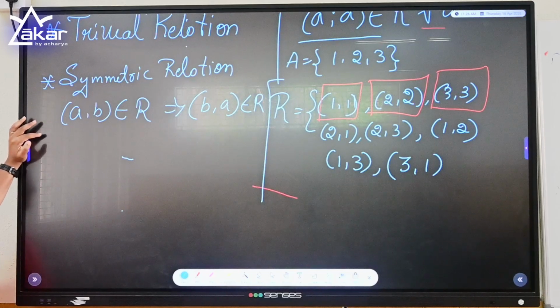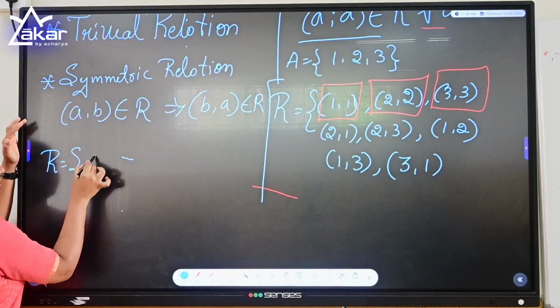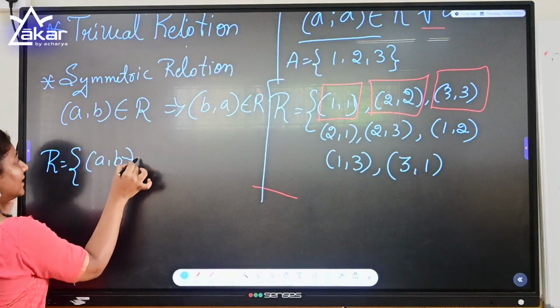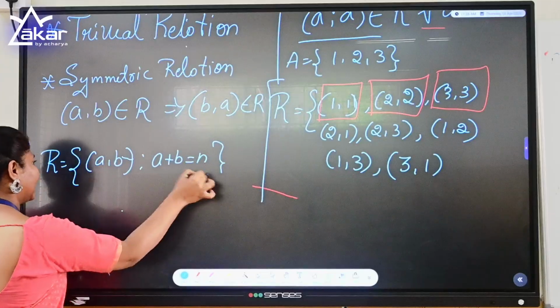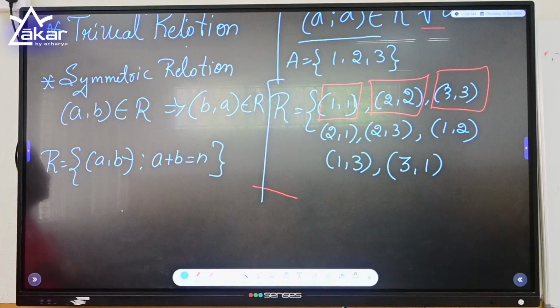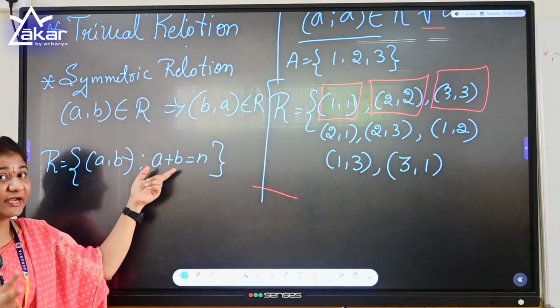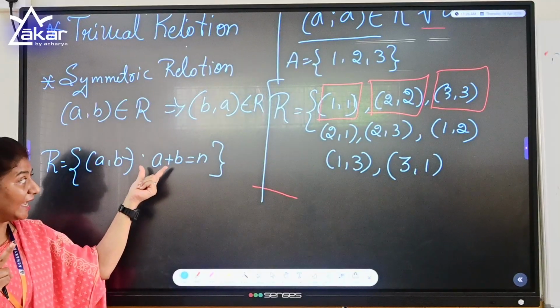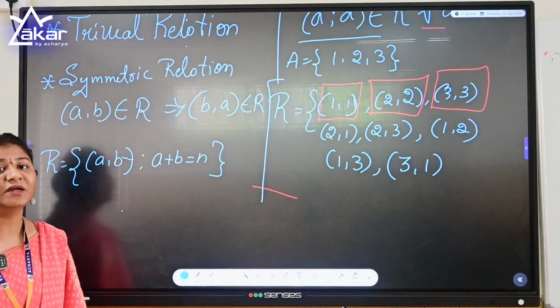If I take the elements of A and the elements of B, and the relation is R equal to {(a, b) such that a + b = n}, then for any 2 different elements I take here, it should give the same result.